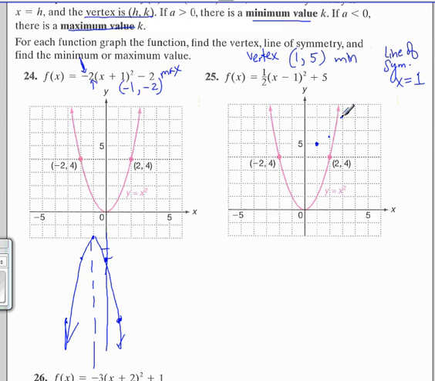So 2, 2. Let's do the line of symmetry. And there's our other point. That's enough points to give us an idea as to what the graph looks like. Something like that.